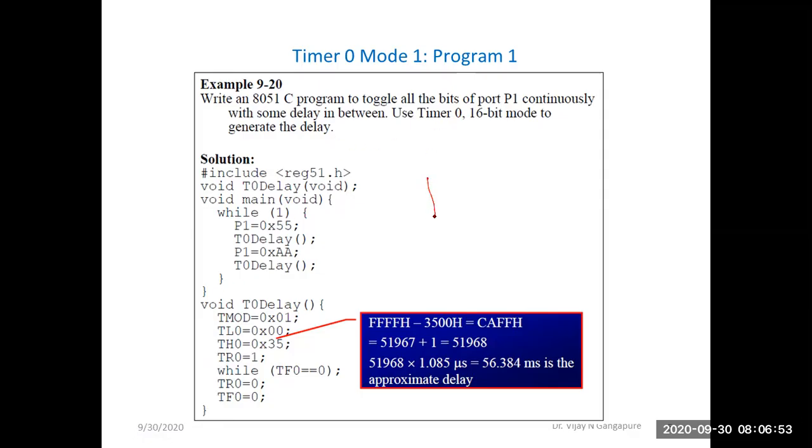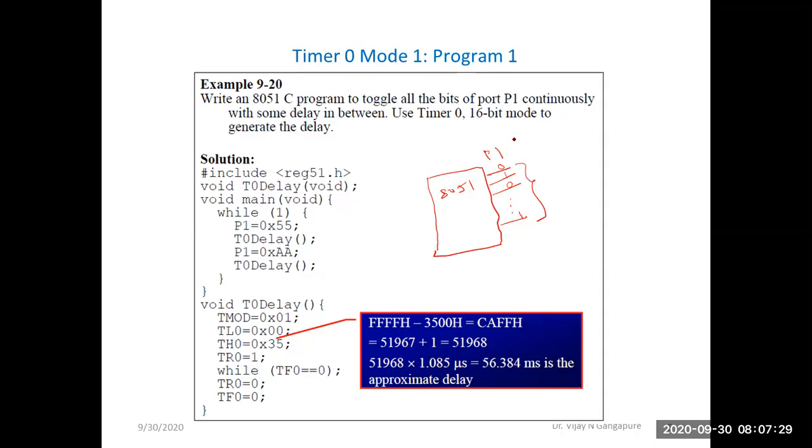Suppose this is the 8051, and these are port 1 pins. Here what I want to do is output, or toggle, data on these pins. Suppose I output 0 1 0 and so on, and the last will be 0.